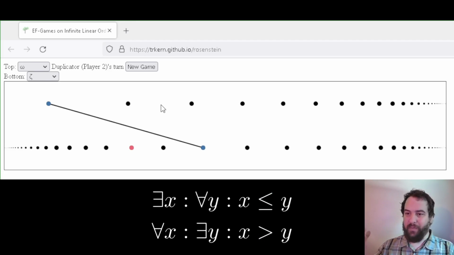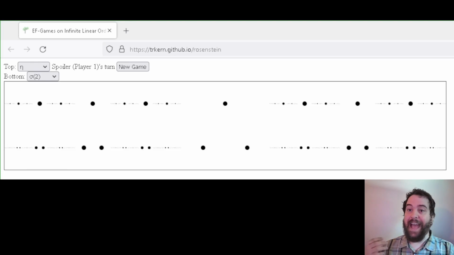So directly from the logic, we can read off spoiler's strategy, and directly from spoiler's strategy, we can read off the logic. Let's take a look at another example of an Ehrenfeucht-Fraïssé game.